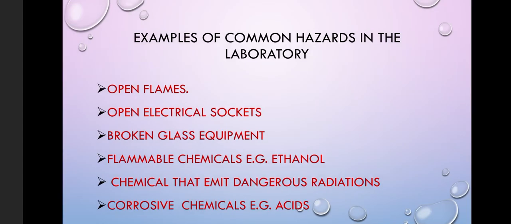Number one, we have open flames; number two, open electrical sockets; number three, broken glass equipment; number four, flammable chemicals such as ethanol; number five, chemicals that emit dangerous radiations; and finally, number six, corrosive chemicals such as acids.